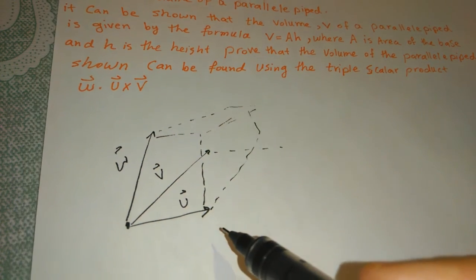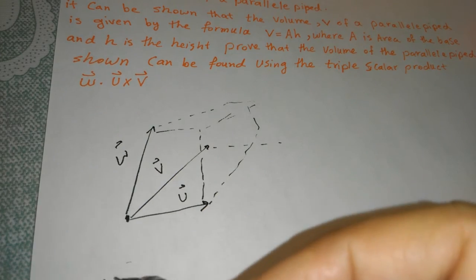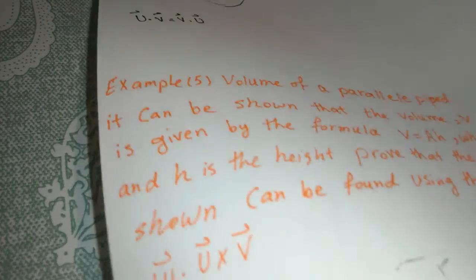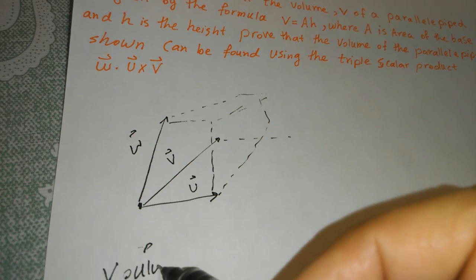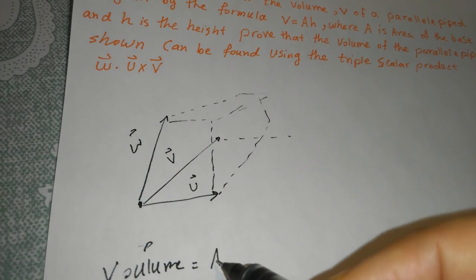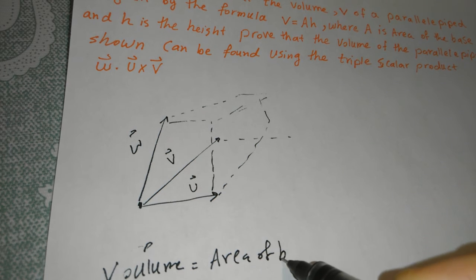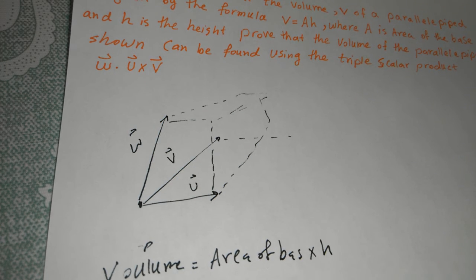So I know that the volume of this parallelepiped is the area of the base multiplied by the height.